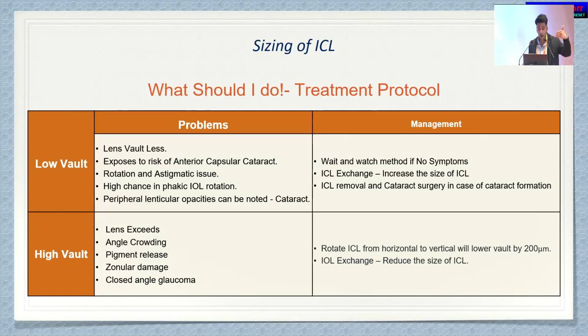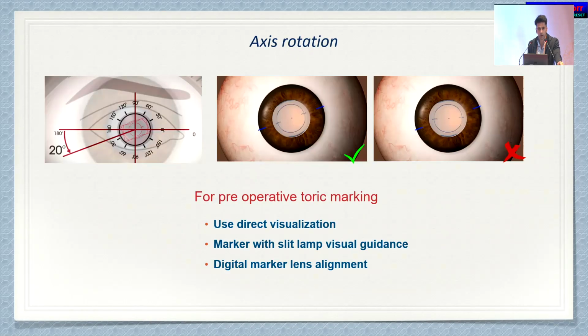Now, in case of a high vault, you want to be rotating this from horizontal to vertical, because you will be able to gain 200 microns of lower vault, because it goes into a little more snug fit. Second is ICL exchange. When you're doing an ICL exchange in this scenario, you can go ahead and reduce the size of the ICL.